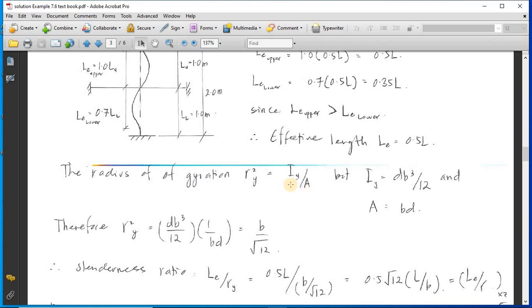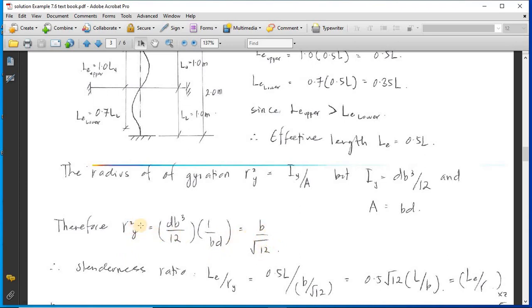I refers to the second moment of area or second moment of inertia, which can be obtained using dB cubed over 12. The area of cross section is given by this dimension, B multiplied by d. By substituting the I and the A into the radius of gyration equation, you will get that R is equal to B over the square root of 12.